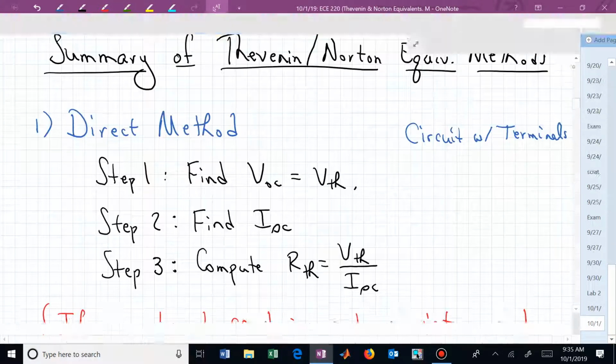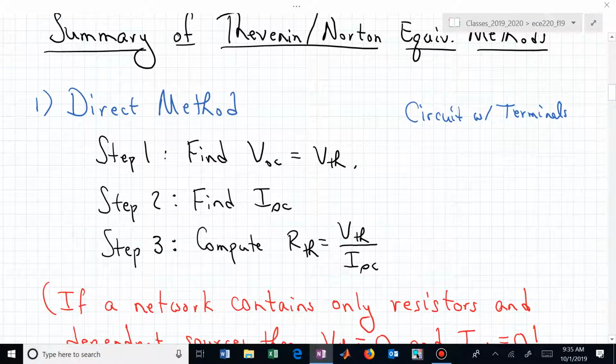In step number 1, as a refresher, what do we need to do to the circuit terminals A and B when we are trying to find the open circuit voltage, or V Thevenin? Do we do anything with them? Do we open them, short them, put an elephant between A and B?